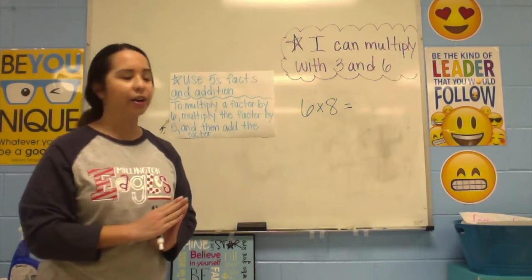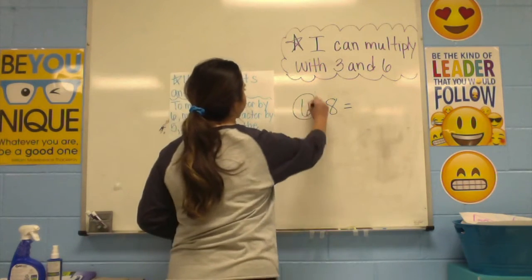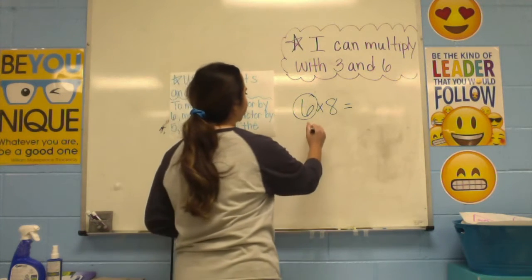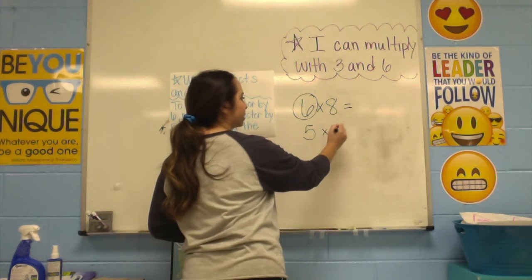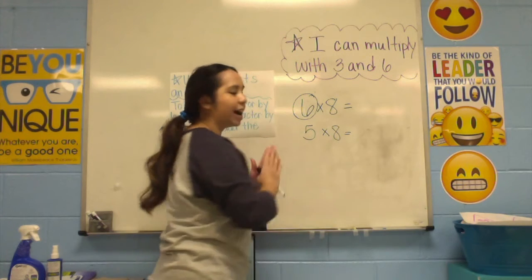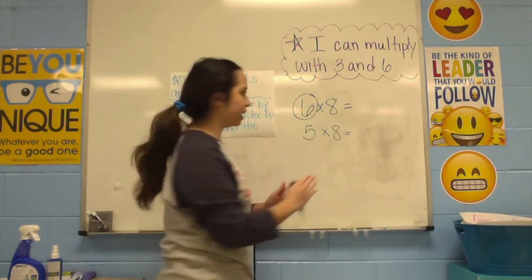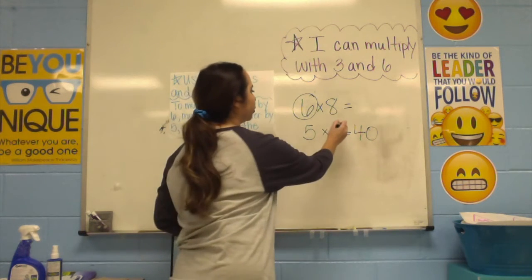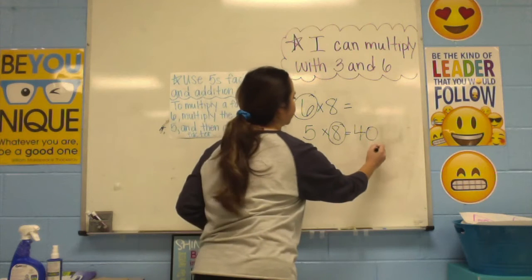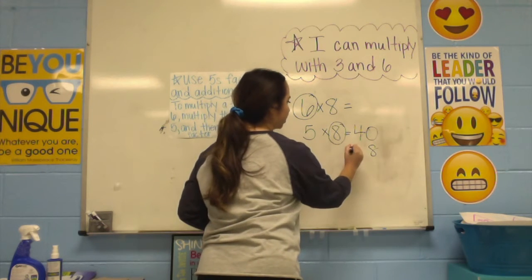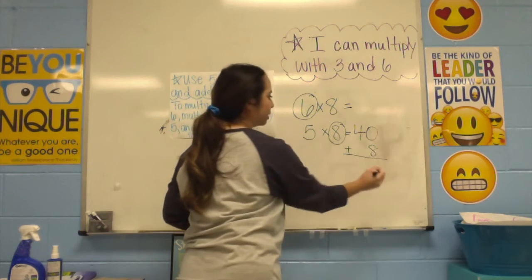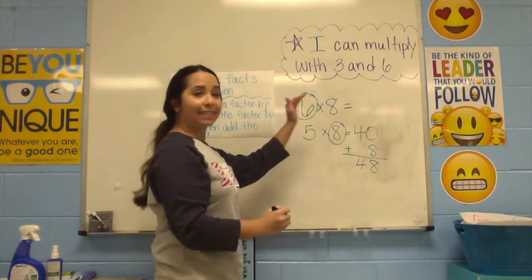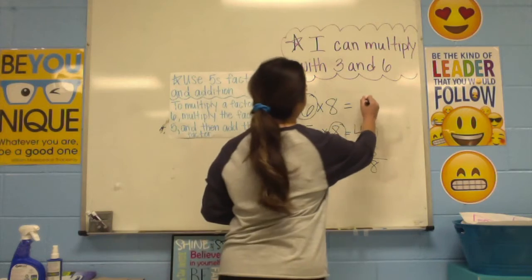Instead of multiplying by 6, we multiply by 5. 5 times 8 is 40. After you get that answer, you add the second factor, 8, to 40, and 40 plus 8 is 48. So 6 times 8 is 48 too.